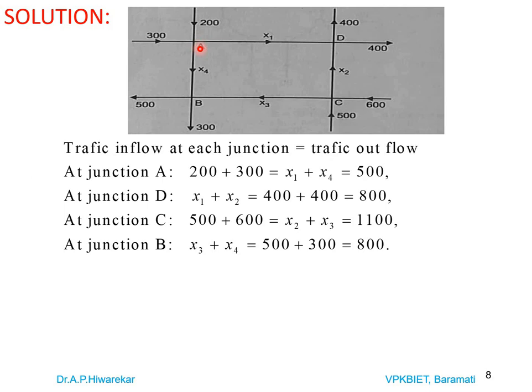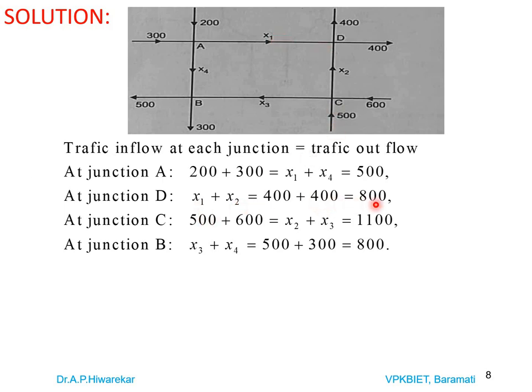So if we consider junction A, we have incoming current, that is 200 plus 300, and outgoing are X1 and X4. So 200 plus 300 is equal to X1 plus X4, meaning X1 plus X4 is 500. At junction D, 400 plus 400 means 800 is equal to X1 plus X2.